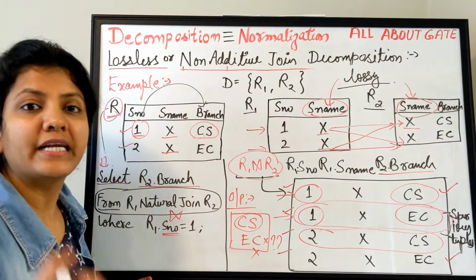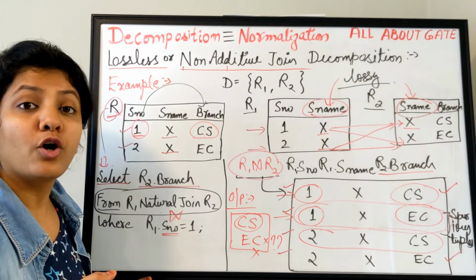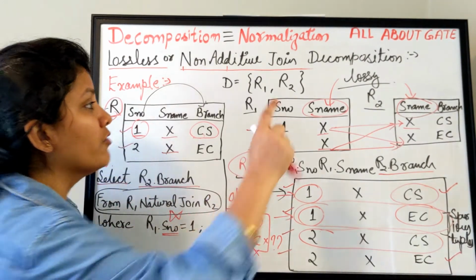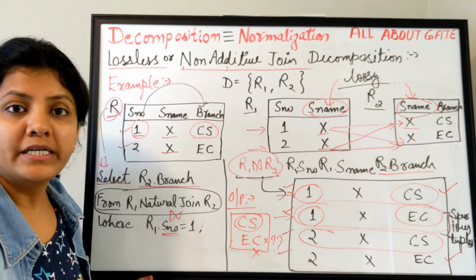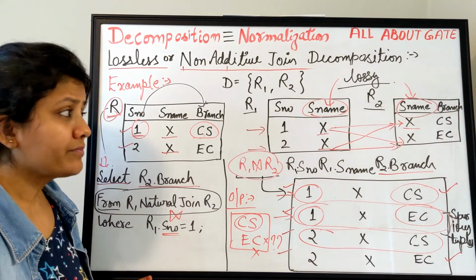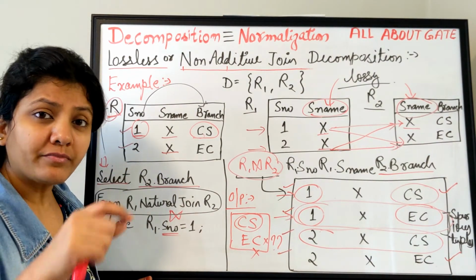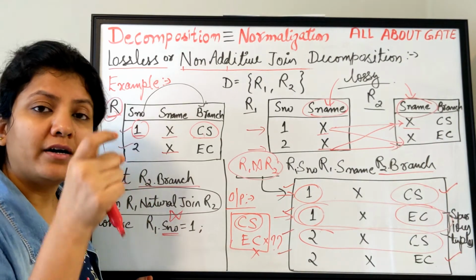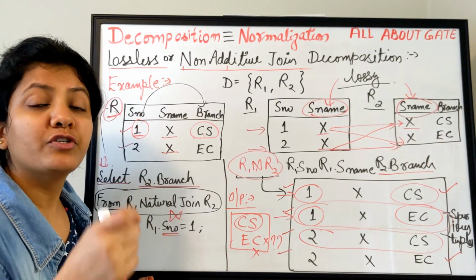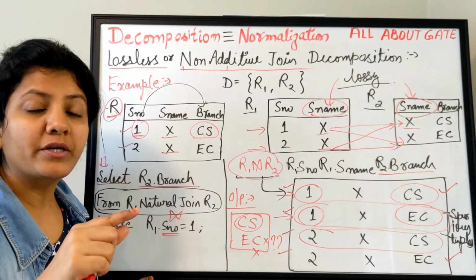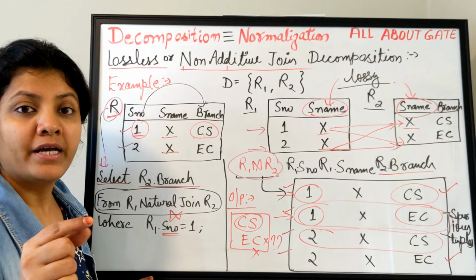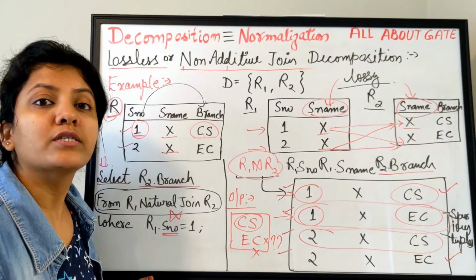It is not a designated attribute. It is not the key or the super key of any of the decomposed tables, correct? If you decompose on the basis of an attribute or set of attributes which are not the key or the super key of any of the child tables, then this is going to result in a lossy decomposition.